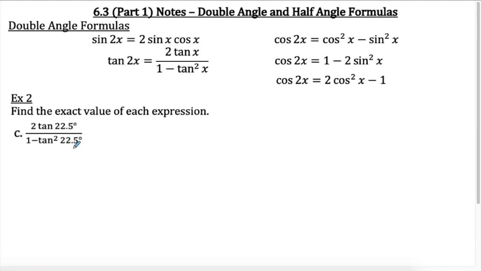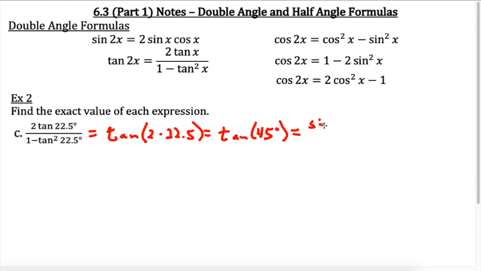And we can do an example with tangent as well. This does fit my pattern for the tangent of a double angle. So this would be tangent of 2 times 22.5, which would be 45. Remember, we haven't really memorized those tangent values, so this would be the sine of 45 over the cosine of 45.